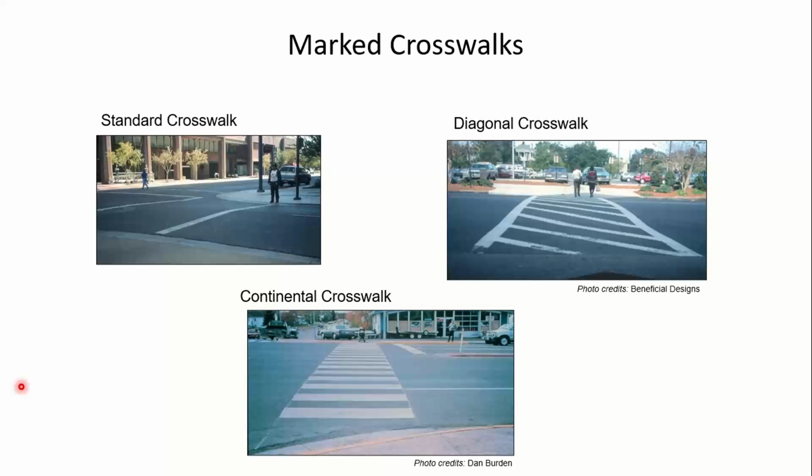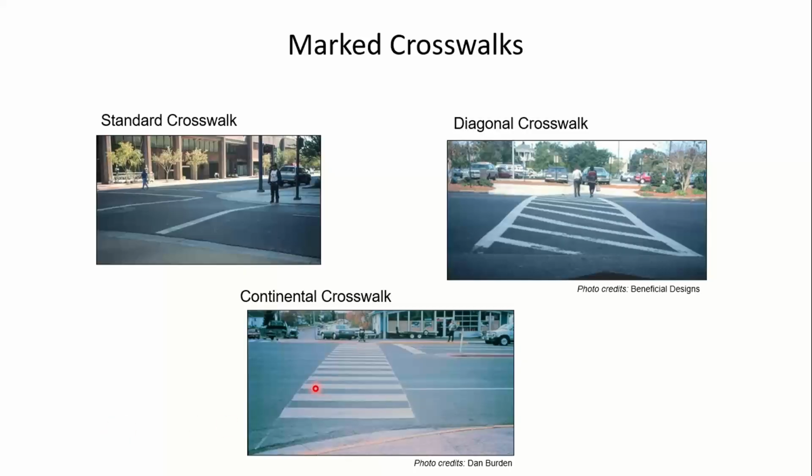I think we mentioned briefly some of the crosswalk markings. We have the standard parallel lines here on the upper left, the zebra pattern, if you will, a diagonal crosswalk, and then the continental crosswalk here at the bottom, which seems to be very popular. And as I mentioned, it does provide enough marking material for a low vision pedestrian to navigate the street.